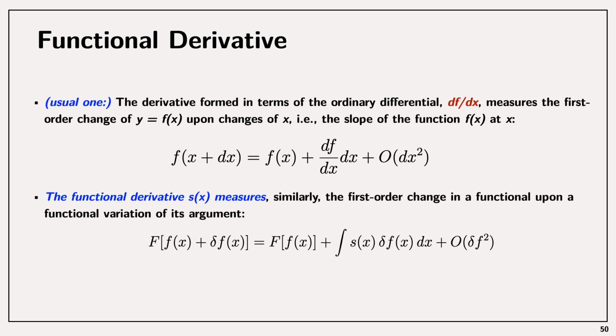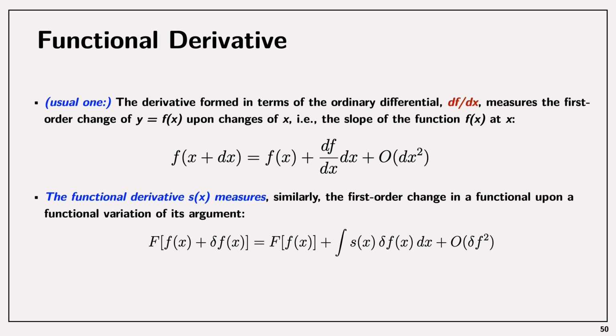We are going to call the functional derivative S of x. We don't know what it is yet. We are going to define that in this screencast like this. The functional capital F for the function small f plus a small variation of that is equal to the functional of the initial function f plus a change, right? So nothing really surprising. And that change, of course, has to involve an integral.